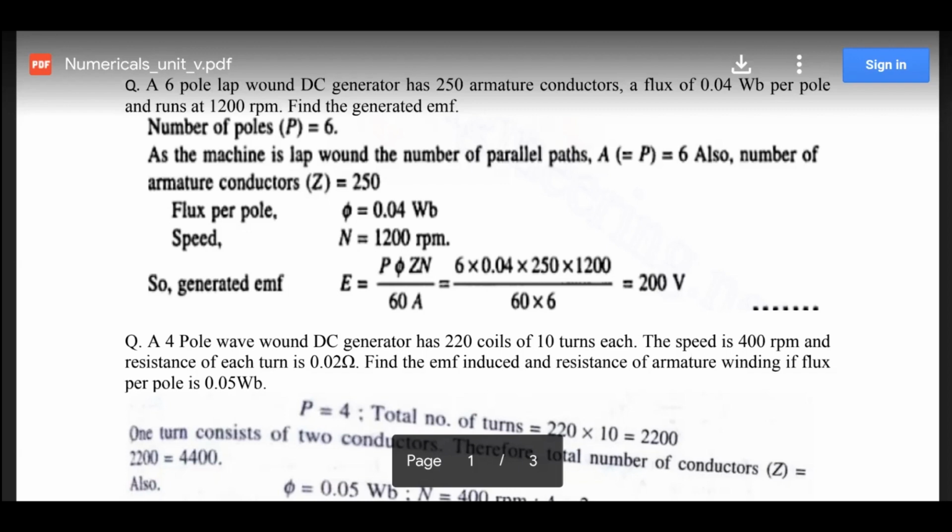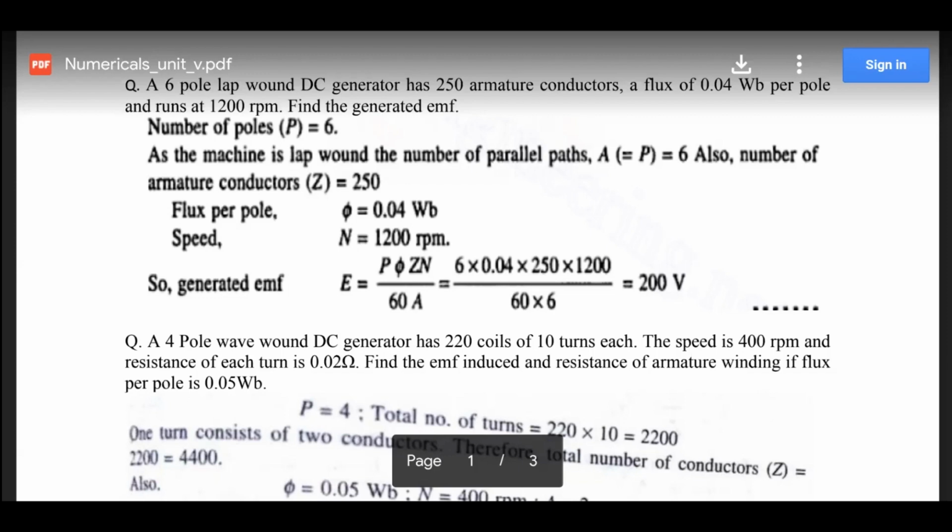But in case the speed is given in rps, revolutions per second, then what we have to do? Simply, you can convert that rps into rpm, and then apply this direct formula.